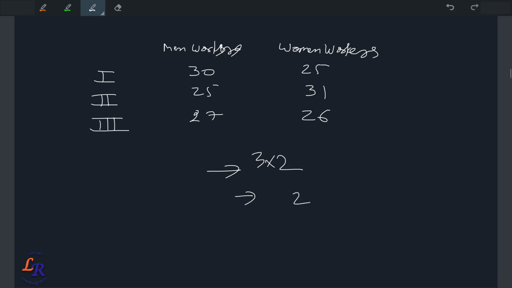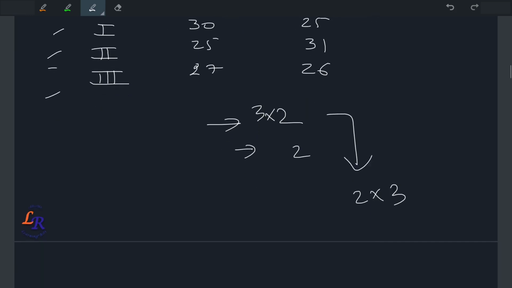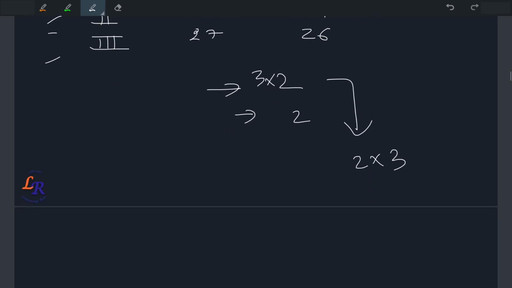So you can easily construct that. Now I say that I don't need 3 into 2, I need a 2 into 3 matrix. Then what will you do? You will arrange the number of men and women in the rows, and the shifts in the columns. So you can easily modify this, and write shifts 1, 2, 3, and the number of men and the number of women.